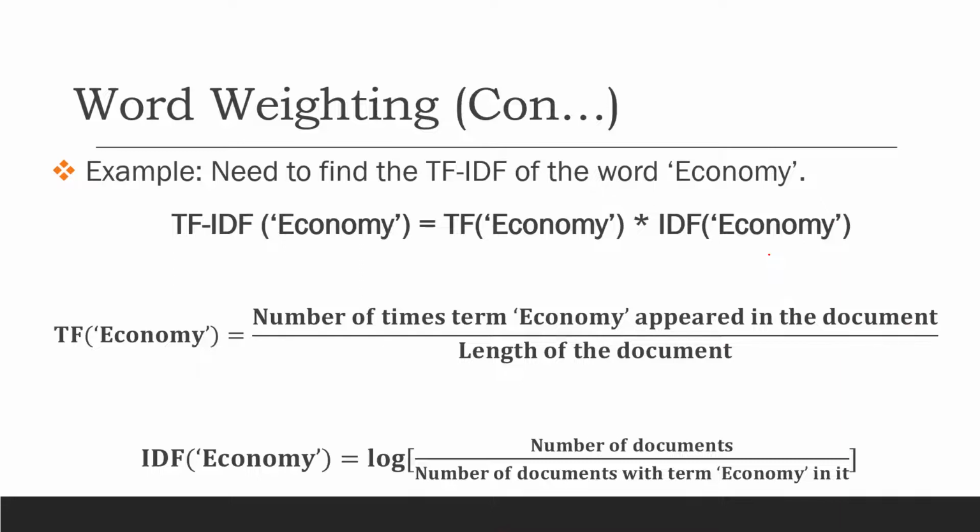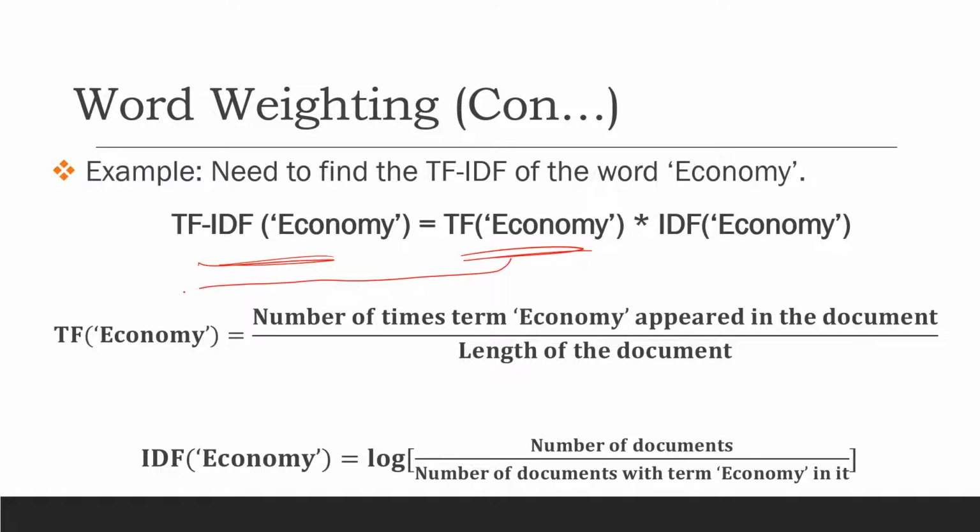This is an example. Here you need to find the weight by using TF-IDF values for the word economy. To calculate the TF-IDF value of economy, first of all, you need to find the term frequency of economy. This is the equation.